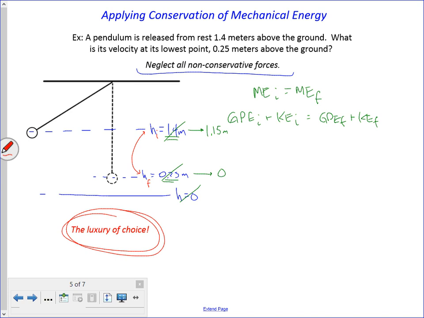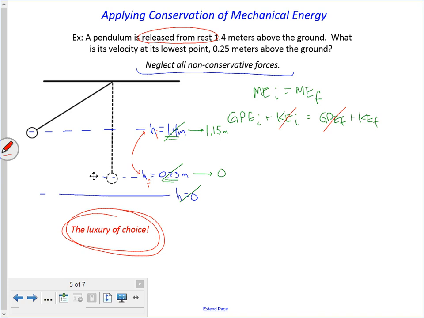So when you can, pick the lowest point as height 0. Because here's what that does. If height final is 0, that means GPE final is 0. Here's another nice thing. Released from rest, that's an algebraic luxury, isn't it? That 1/2 m v initial squared is 0.